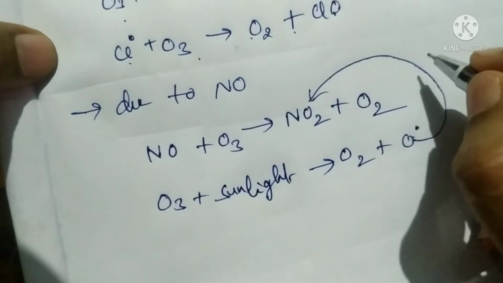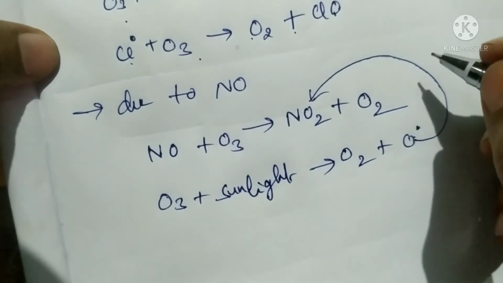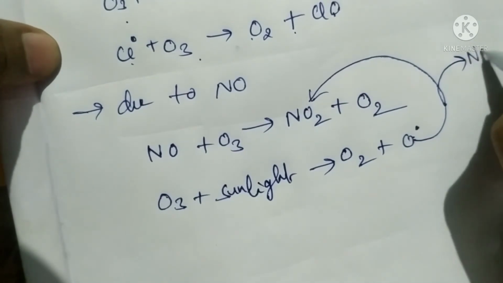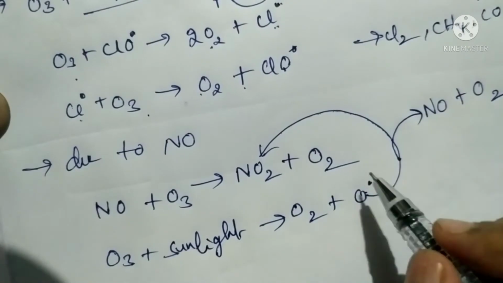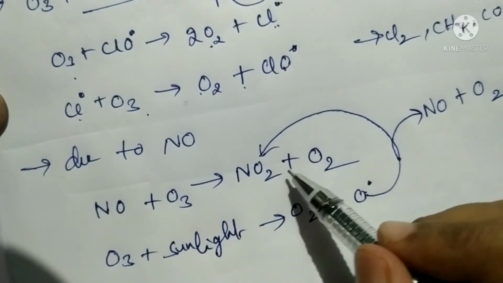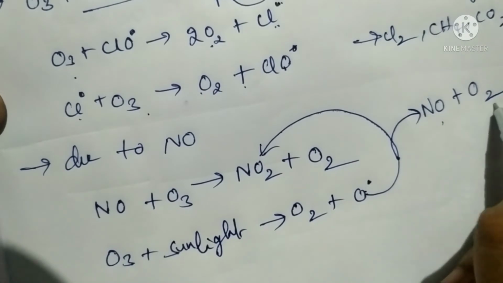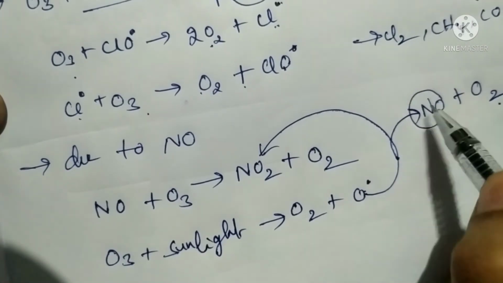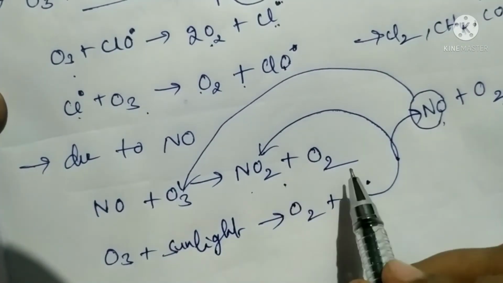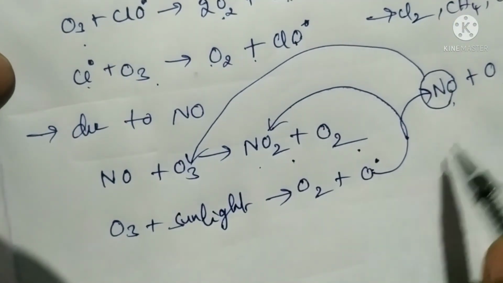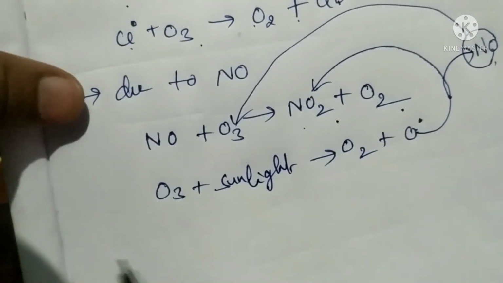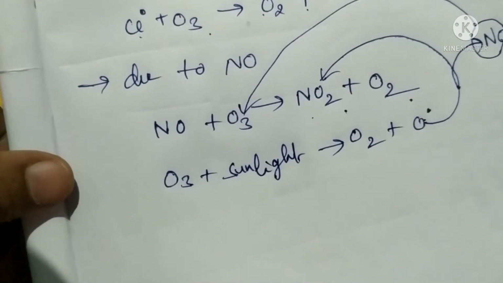This nitrogen monoxide again reacts with ozone gas and forms nitrogen dioxide and oxygen. So this cycle is repeated continuously and the ozone gas is depleted. This is the mechanism of ozone depletion.